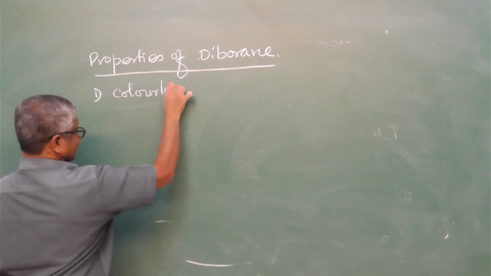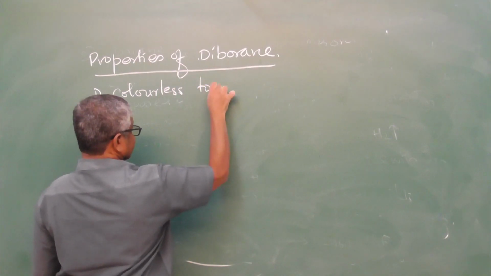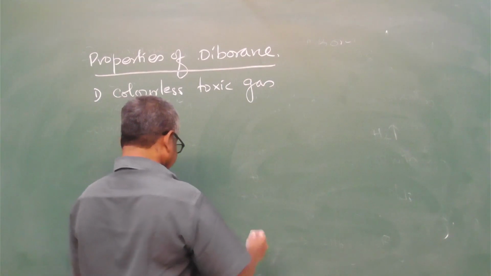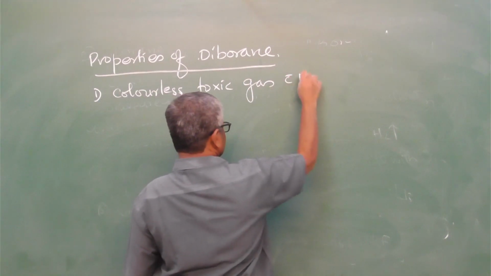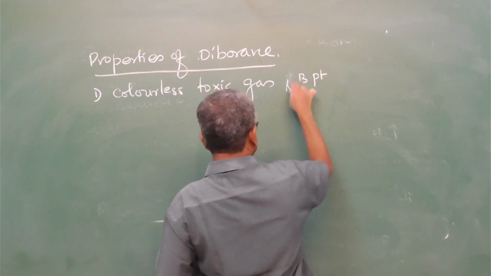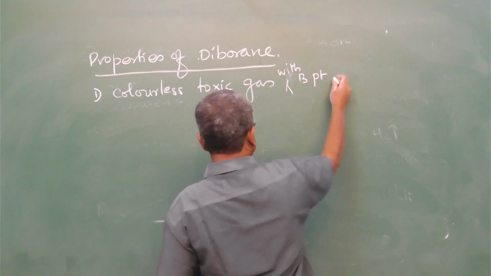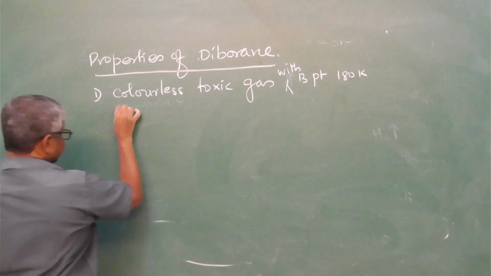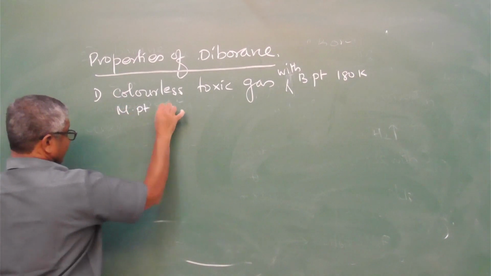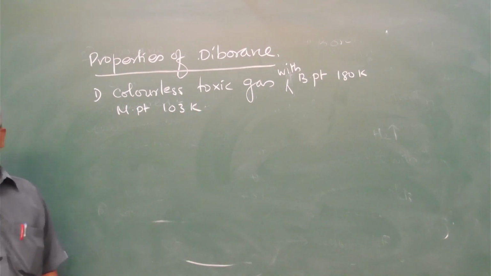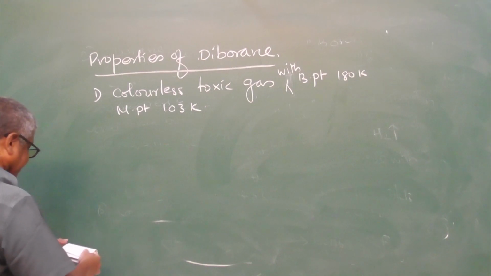Diborane is a colorless toxic gas with a boiling point of 180 Kelvin and a melting point of 103 Kelvin.